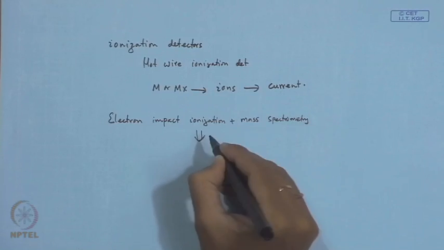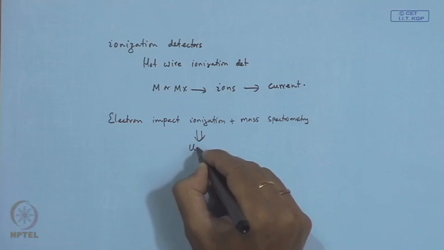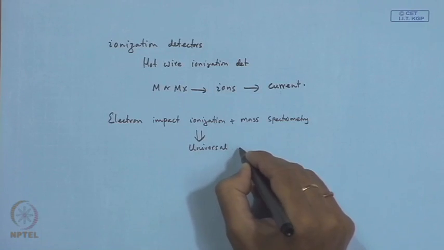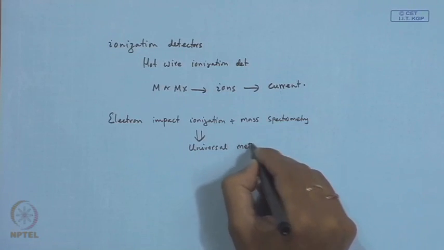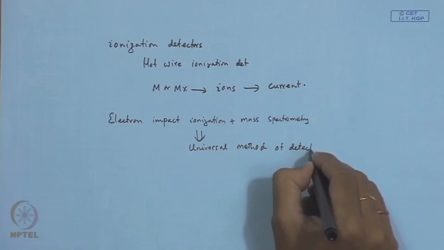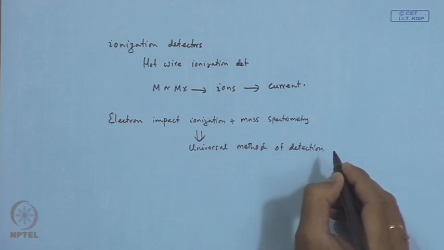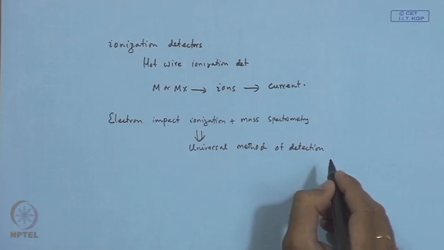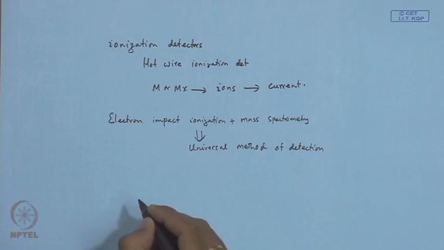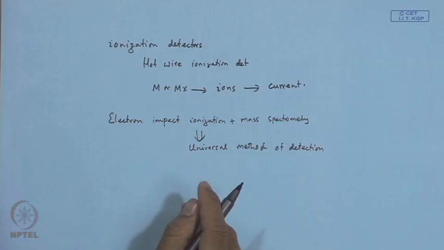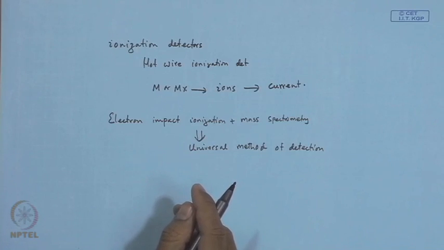And this is a universal method of detection. Okay. So this is another method, and the thing is that rarely is it sensitive enough to allow product quantum state resolution.